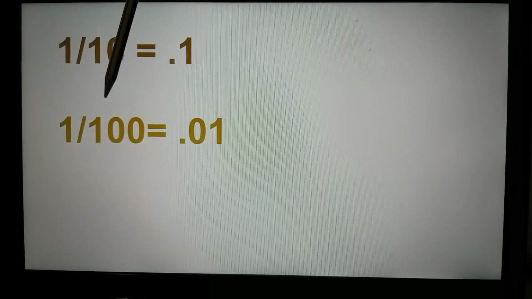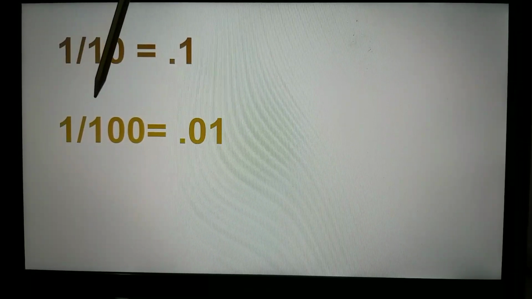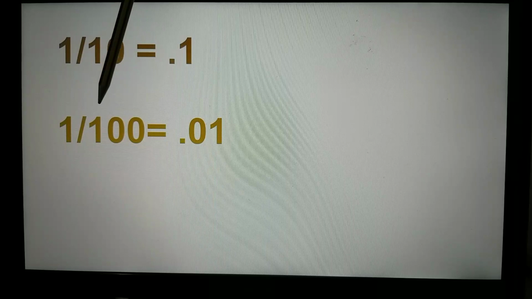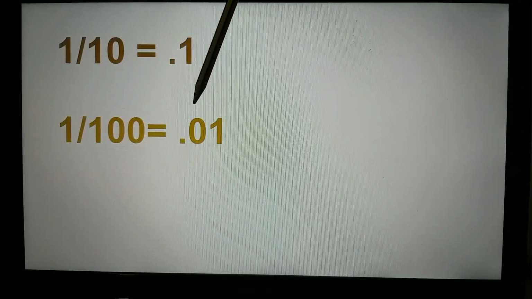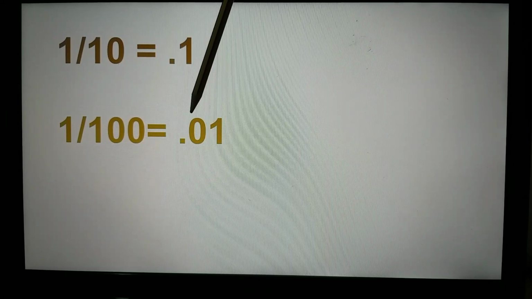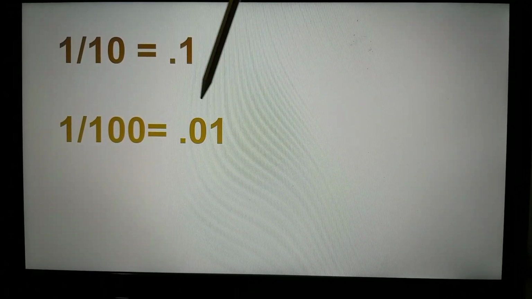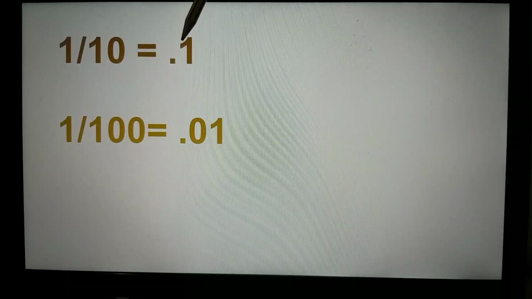In the next example, you see the denominator is 100, 1 divided by 100, and we eliminated the denominator by putting a decimal after two digits from right to left. So if you compare these two examples, in the upper one there was only one zero in the denominator and we put the decimal after one digit.